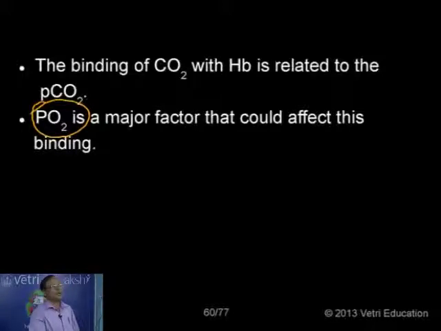In the lungs, where the PO2 is high, carbon dioxide does not bind with hemoglobin. In the tissues, where the partial pressure of carbon dioxide is higher, it readily combines with hemoglobin to form carbaminohemoglobin. So factor number one is the partial pressure of carbon dioxide, and that binding is also affected by the partial pressure of oxygen; binding is less where PO2 is high and PCO2 is low.